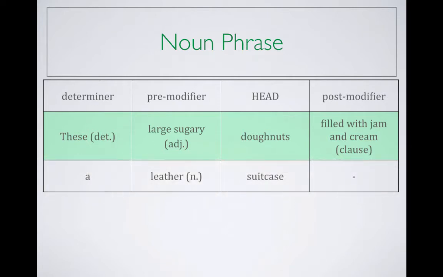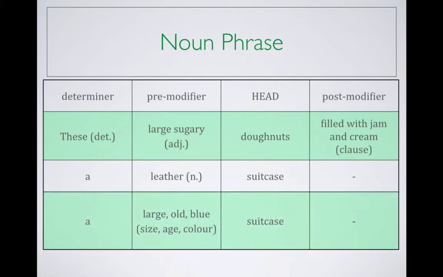The suitcase is not the suitcase or another suitcase, but it's a suitcase, and it is a leather suitcase. Finally, here we could see that we can juxtapose different pre-modifiers to a head noun.